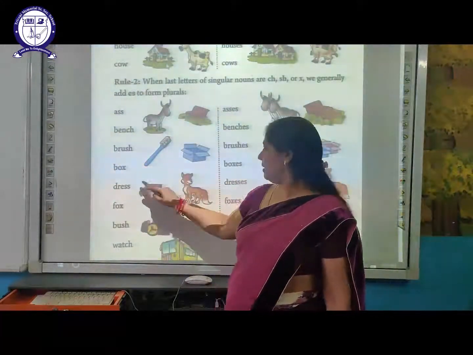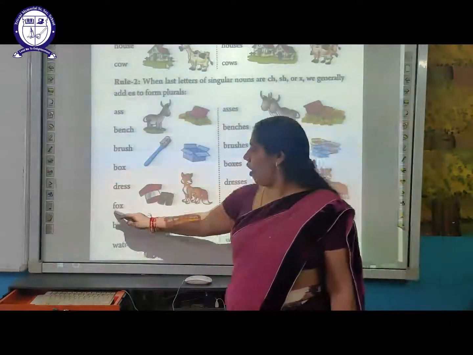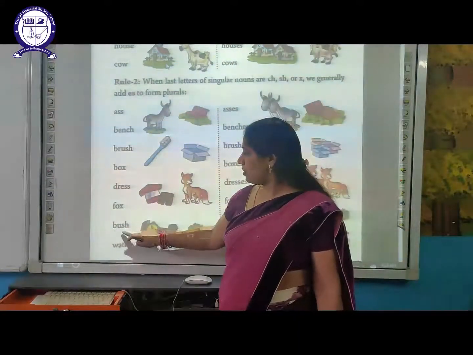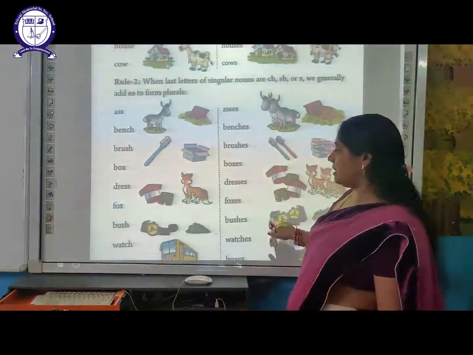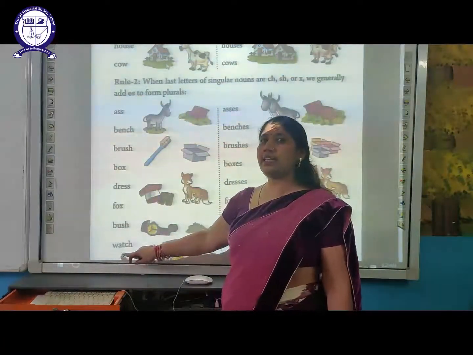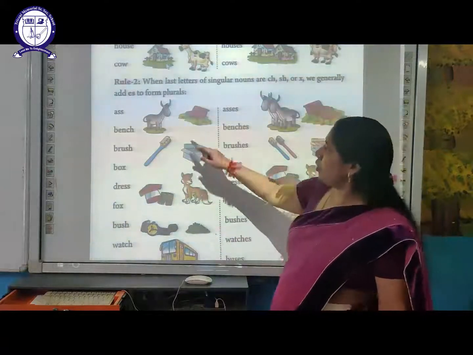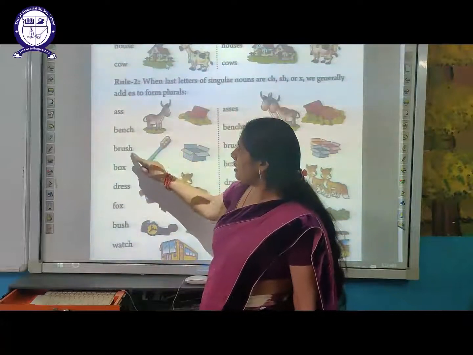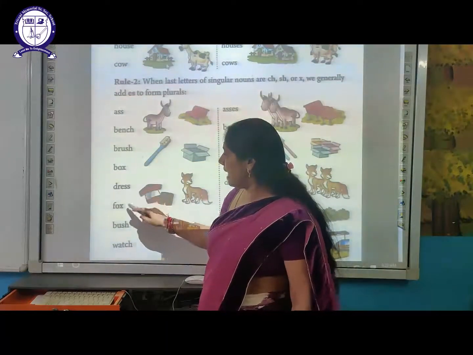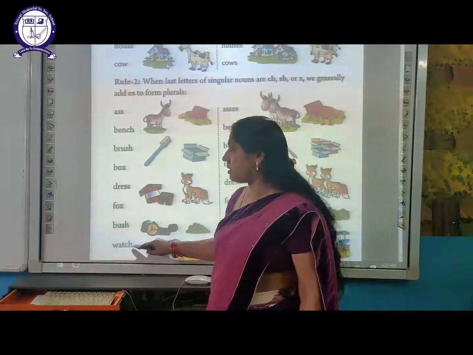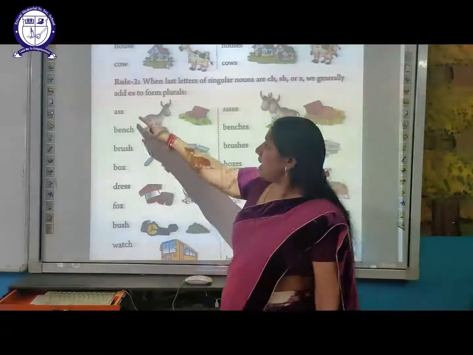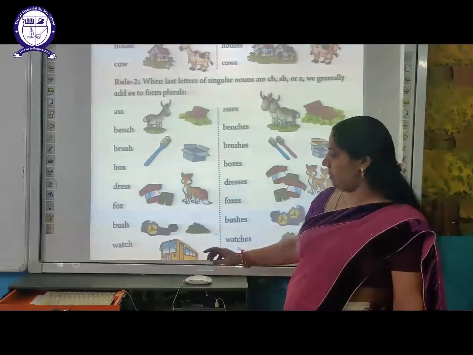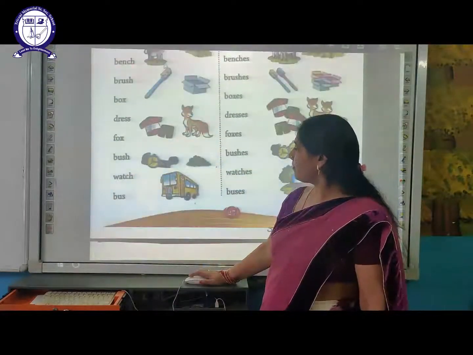Dress, double s, dresses. Fox, x, foxes. Bush, sh, bushes. Watch, ch, watches. So look here: double s, ch, sh, x. When the last letters are these letters, we have to add es to make the plural form.